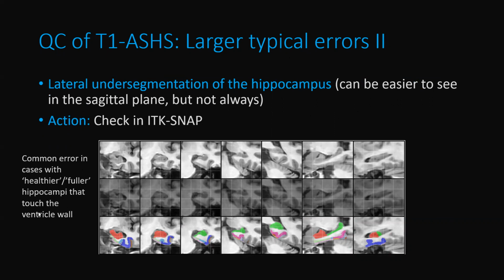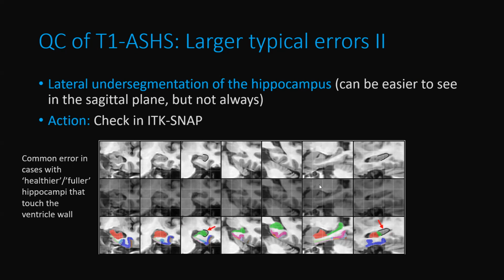And this is actually a common error in cases with healthier, fuller hippocampi that touch the ventricle wall. And again, this could be another example where if you just exclude all these cases, you could have a bias in your exclusion. But that's something to take into account.